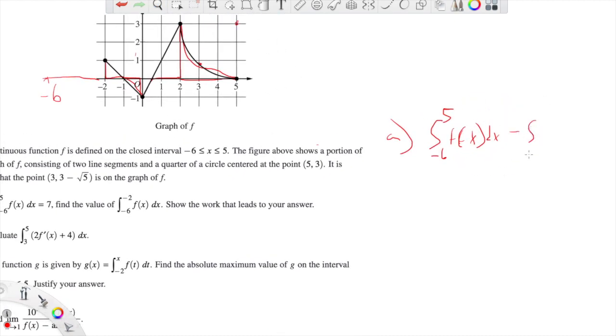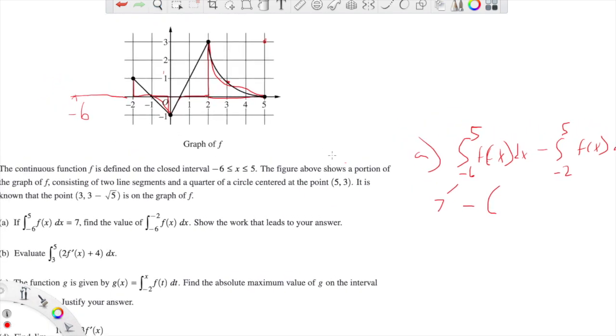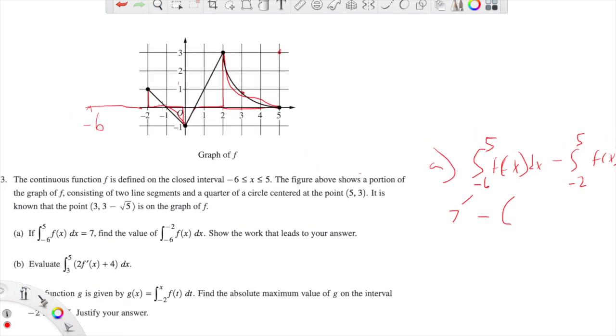Minus the integral of -2 to 5 of f of x dx is going to be our answer. And so this is going to be 7 minus, and then we got to solve this. So let's actually go ahead and number these. We got 1, 2, 3 over here, 4, and 5 pieces.